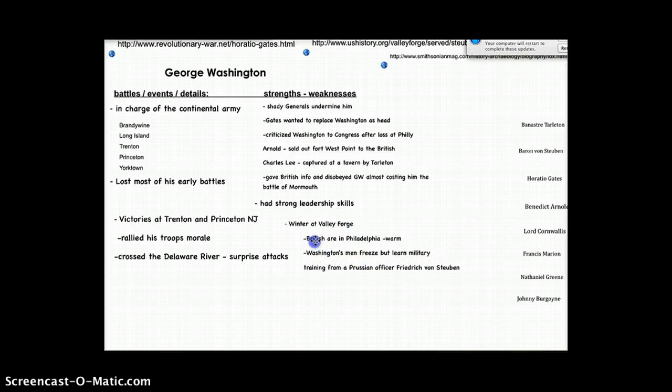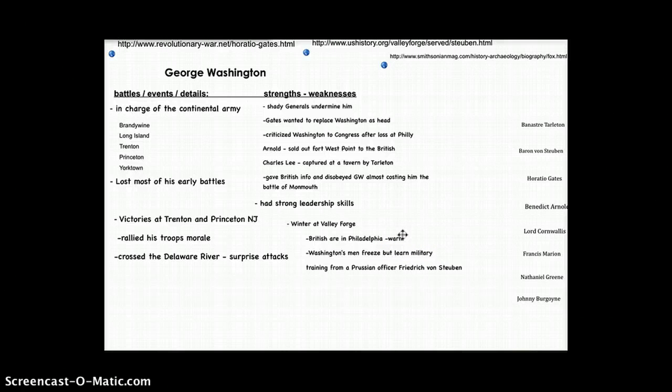So, Washington spent the winter at Valley Forge, yet the British are in Philadelphia because Washington lost this battle. When you look at information like this, it could be both a weakness because he lost the battle, and also a strength because even though he is there, he makes use of the time.